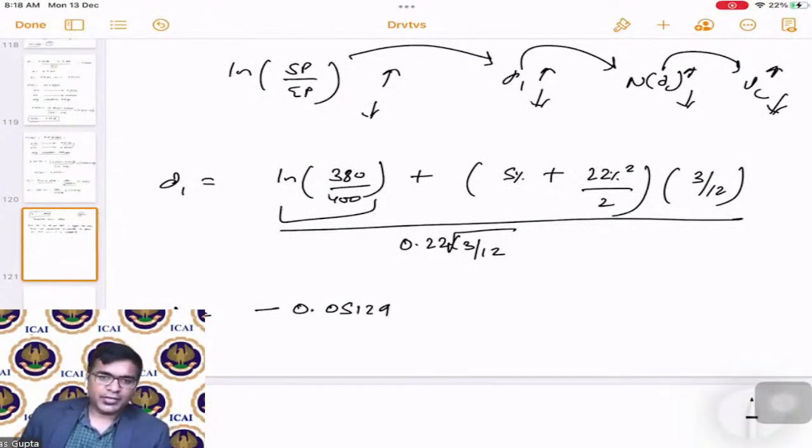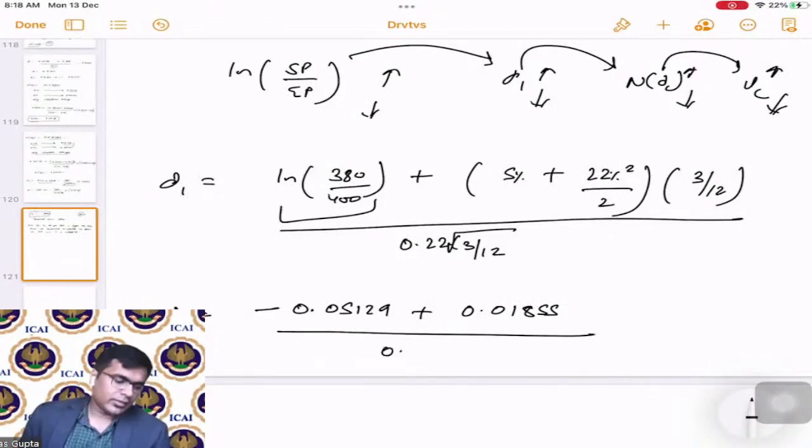This is the log 380 by 400 value, plus, if we solve this part of the equation, 0.01855, this whole divided by 0.11. Correct? So this gives us the negative value of D1, 0.297636.